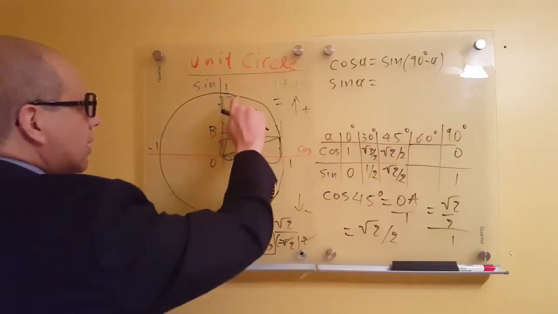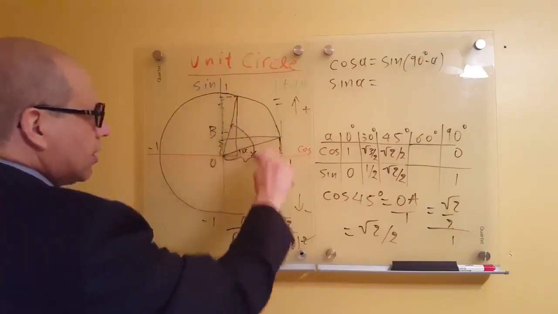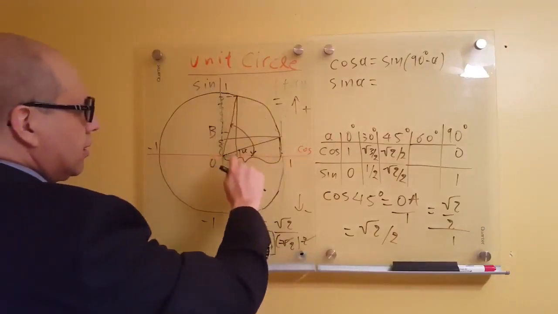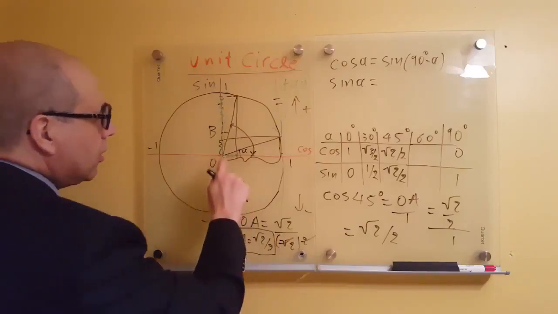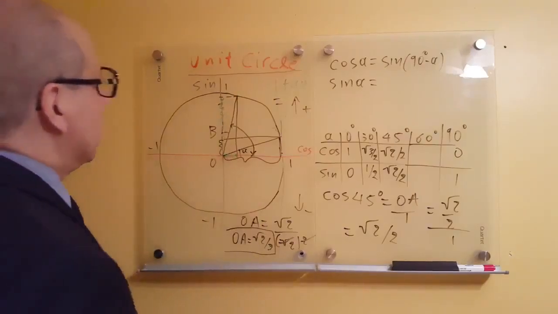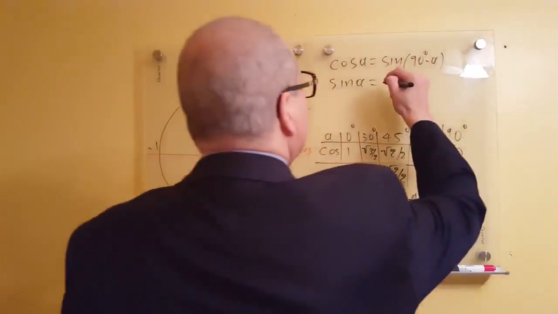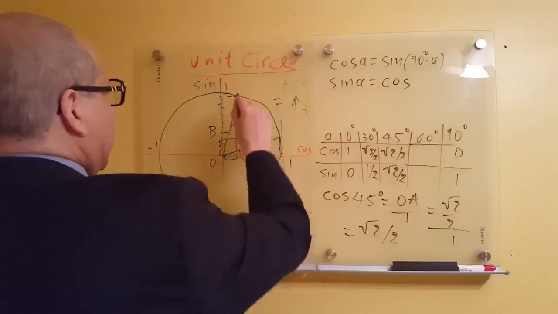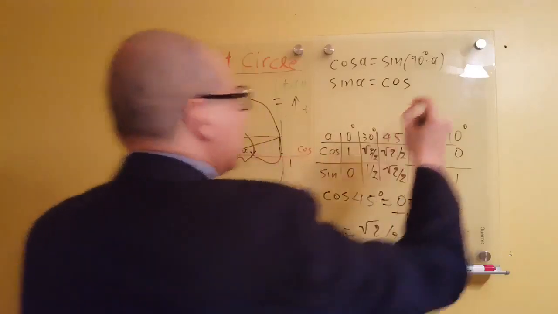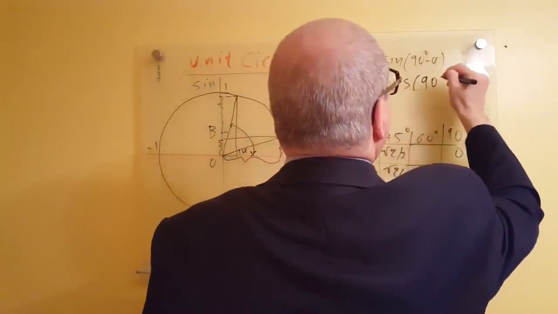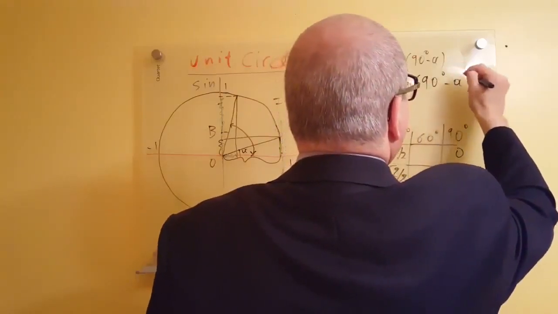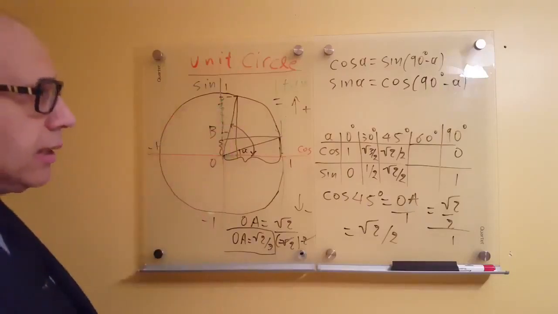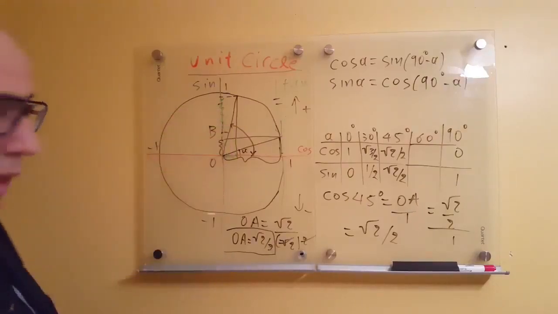This is the cos of this angle here, because the projection from this point to the cos axis comes here. So this small segment here is the cos of this angle here, which is again 90 minus A. We see that angles that sum up to 90 degrees interchange cos and sine.